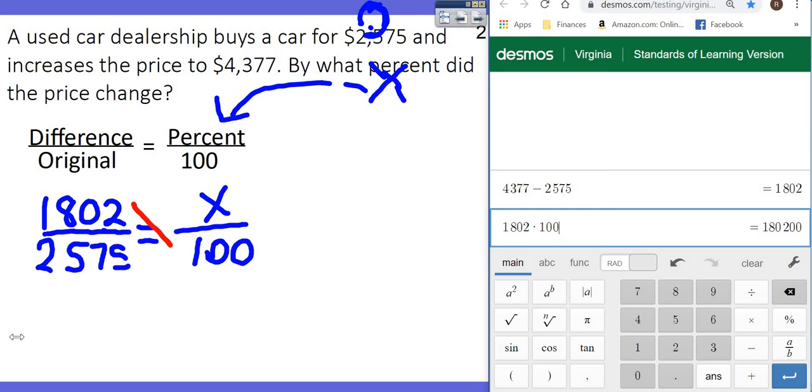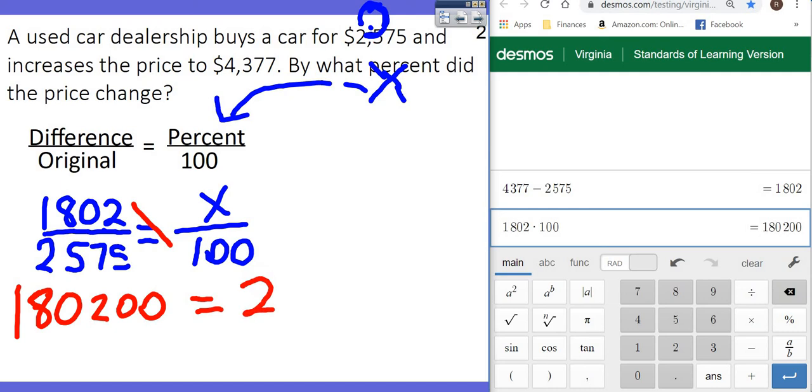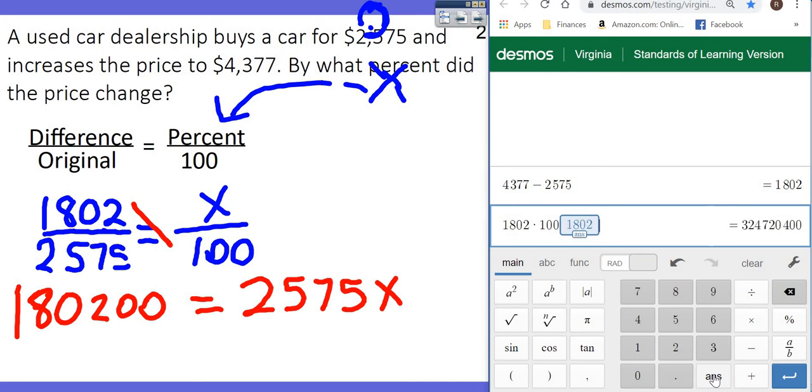And I'm going to get 180,200 equals, okay, and 2,575 times X is 2,575X.